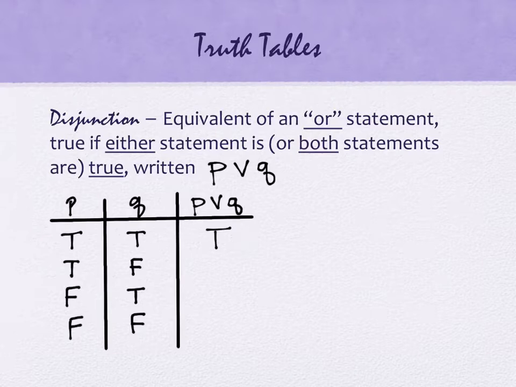So the next one I had was Dr. Tucker. Dr. Tucker walks in and she says, I teach math or I'm a mom. And I told you she's the math department chair, so that would be true. She does teach math. So that's a true statement. Dr. Young walks in and she says, I teach math or I'm a mom. And you say, that's a true statement. She is in fact a mom. Doesn't teach math, but she's a mom.